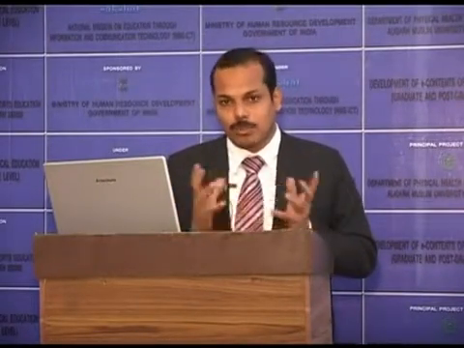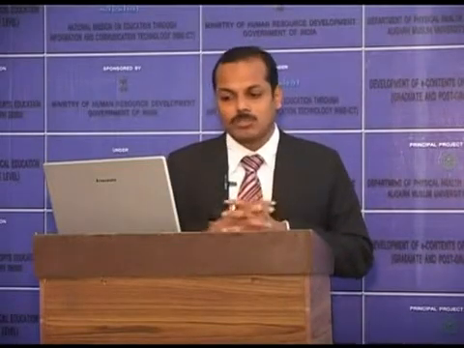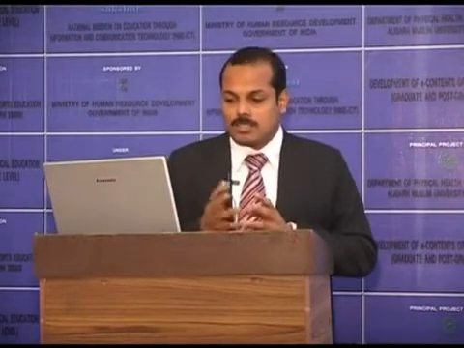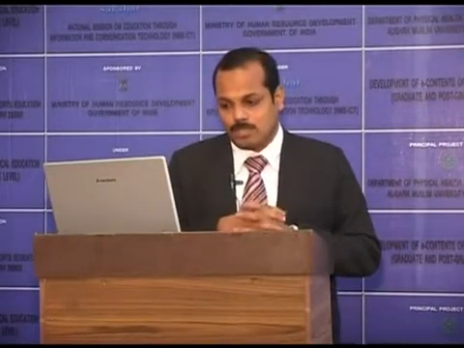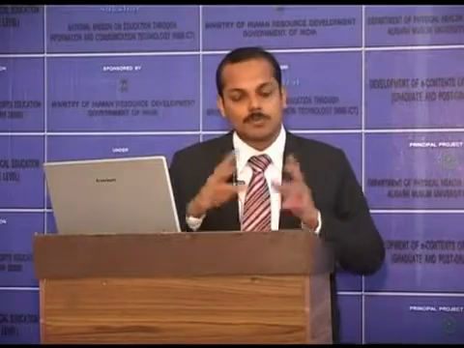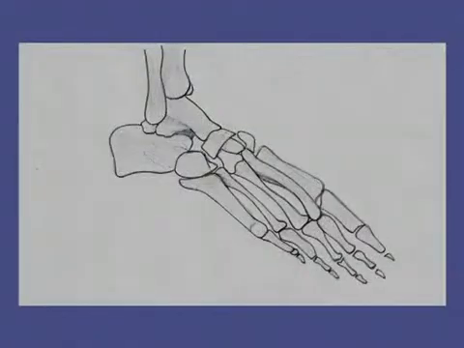Now, we will go through the different movements available in the ankle and foot complex. Two important movements are plantar flexion and dorsiflexion. Plantar flexion is the movement of the foot away from the tibial bone, assisted by the flexor muscles of the foot.